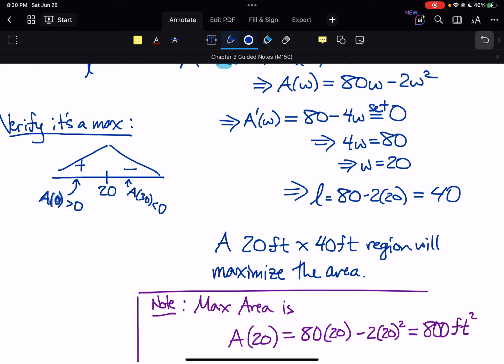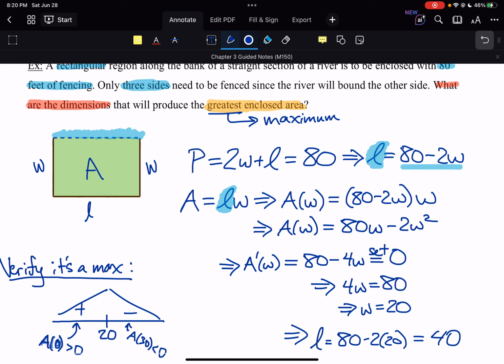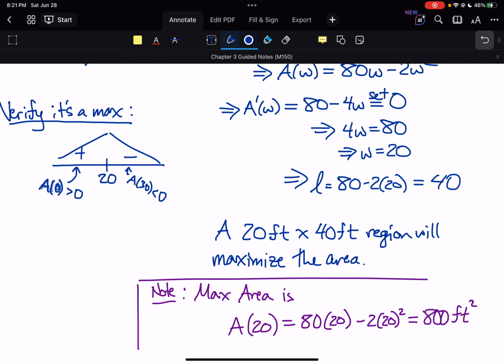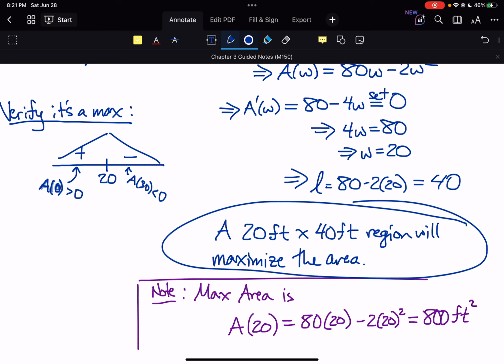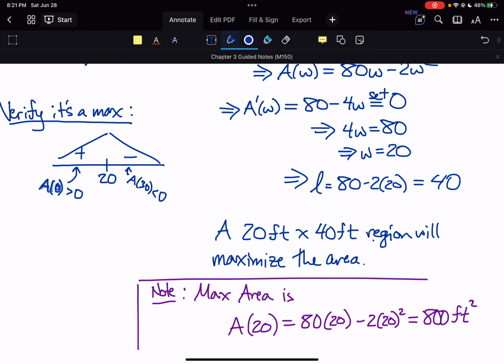So always with these types of optimization problems, go back to the beginning and make sure that you actually answered the question. And because these questions are given in context with words, you do want to write your final solution in words. It doesn't have to be a paragraph or anything, just one sentence, in words and in context with units, to explain what your answer is to the question.